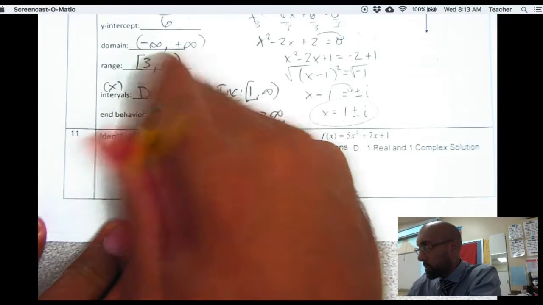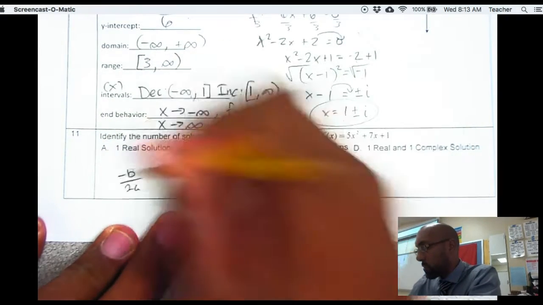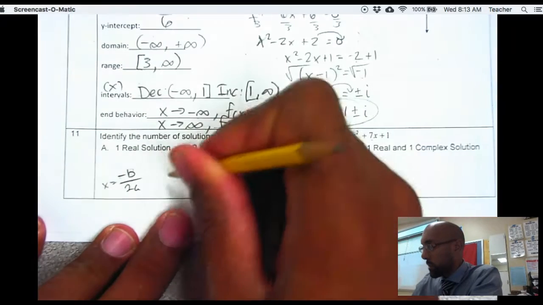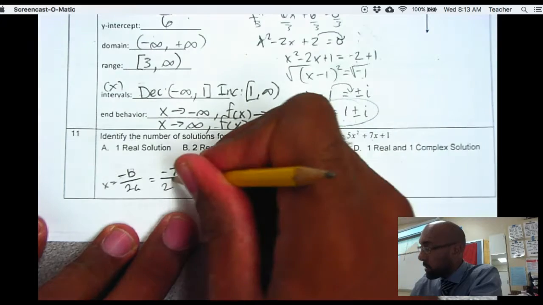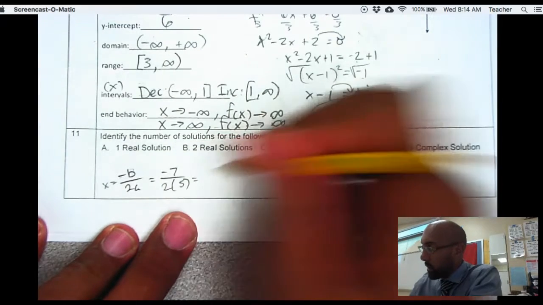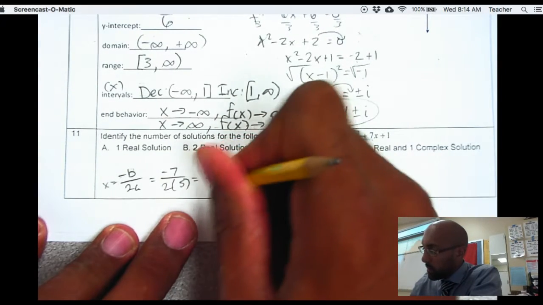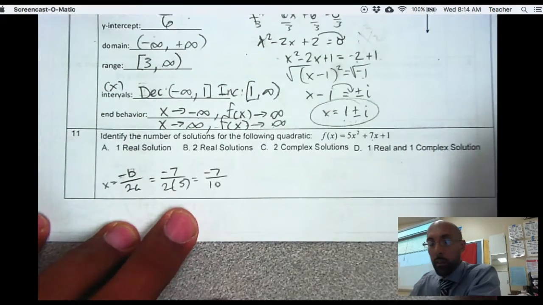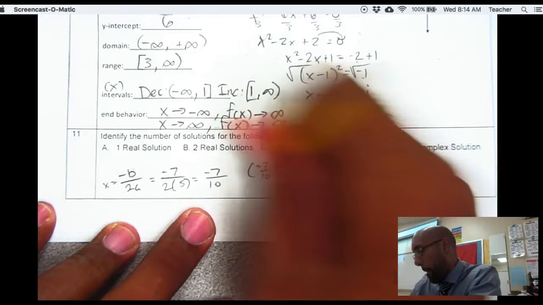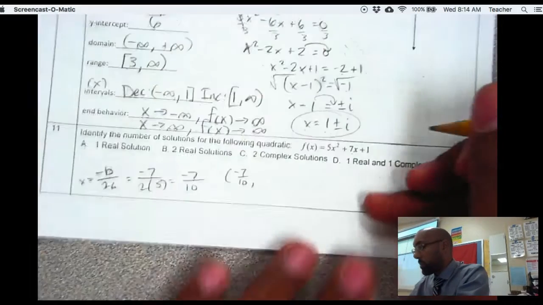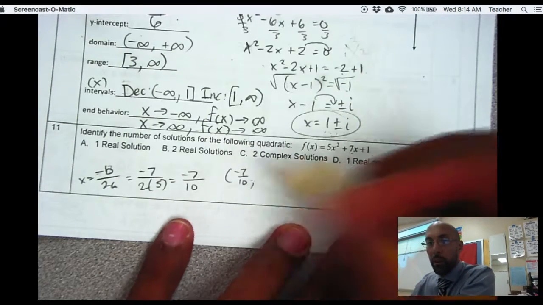We're going to use the negative b over 2a to find the vertex. So we have negative 7 over 2 times 5. That's going to be negative 7 over 10. So that's the x value.